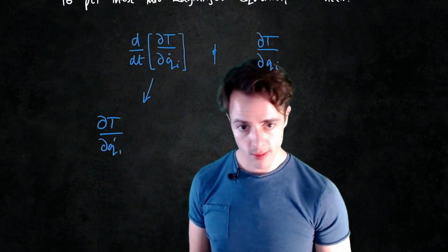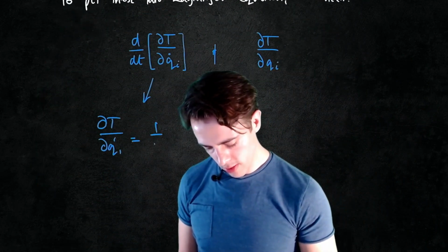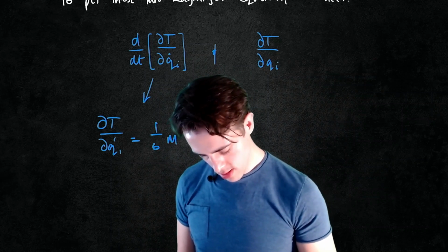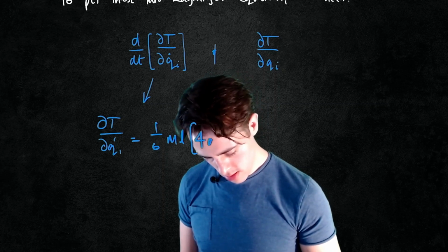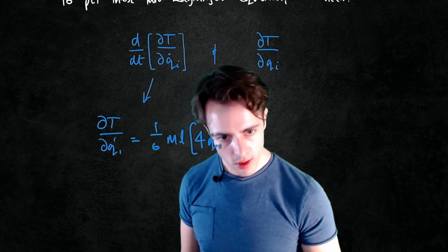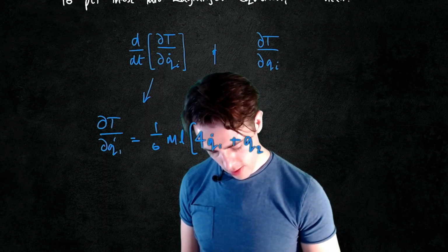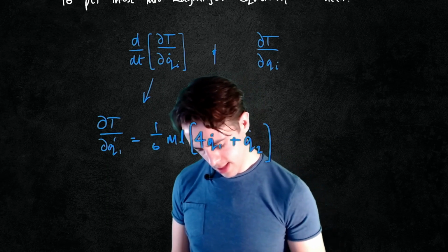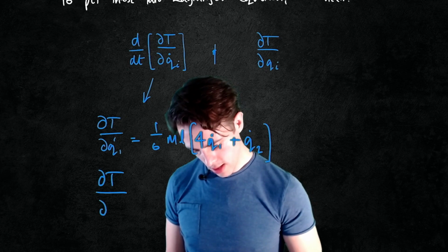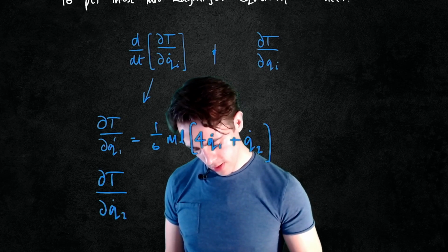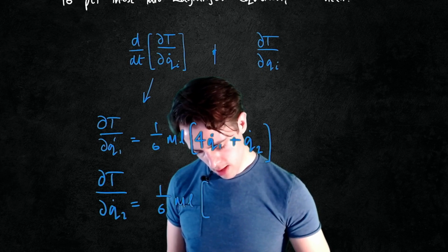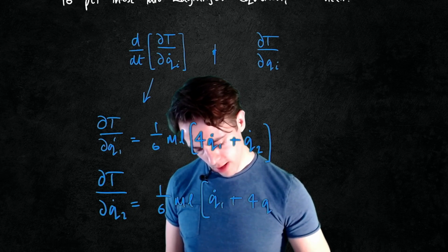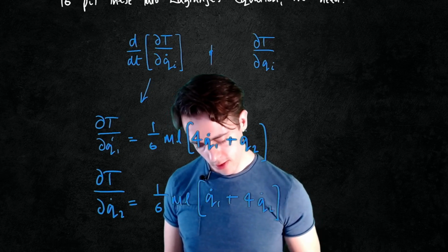Okay, I'm going to leave you guys to be able to do the calculus in your own time, but we get 1 on 6 ml, 4 Q1 dot plus Q2 dot, and the same, dT on dQ2 dot is equal to 1 on 6 ml, Q1 dot plus 4 Q2 dot.